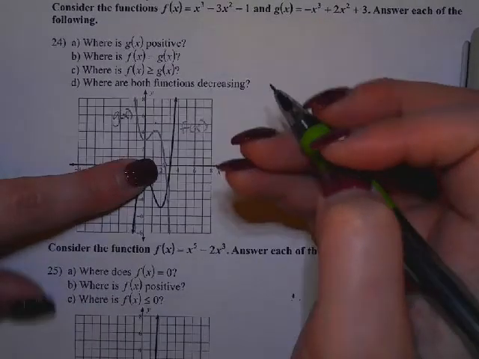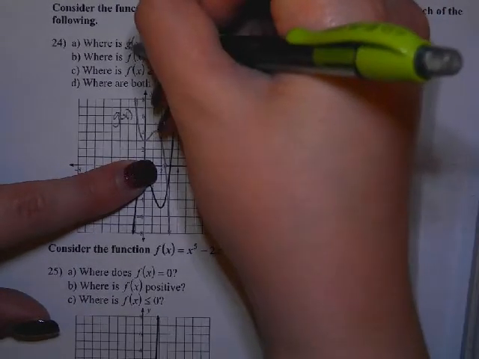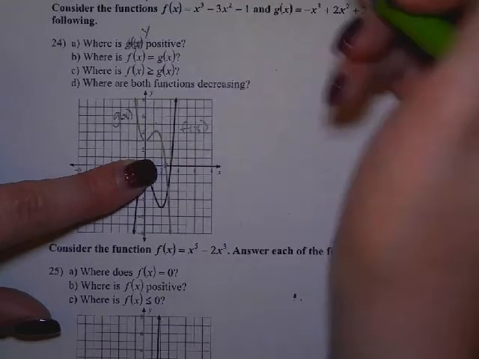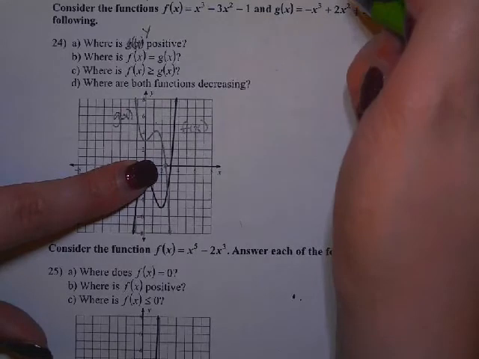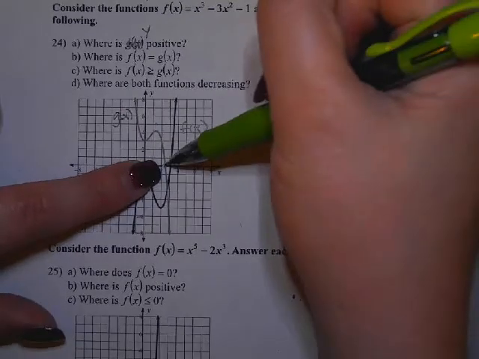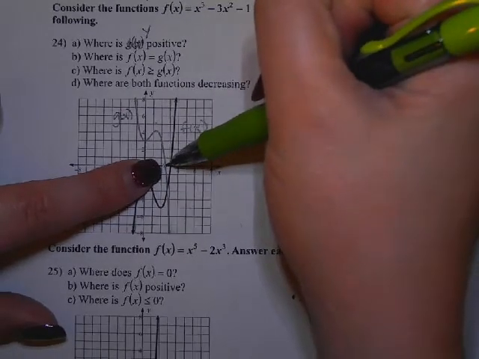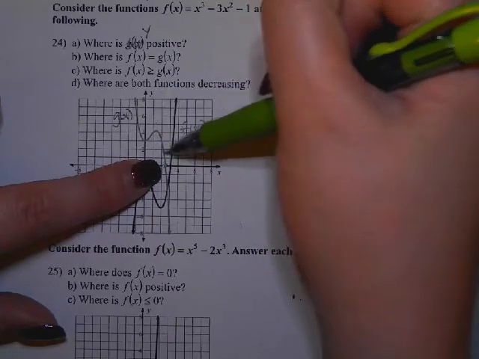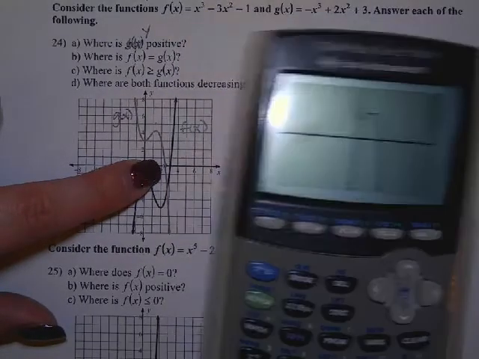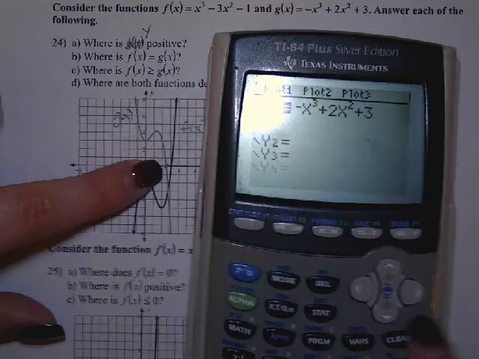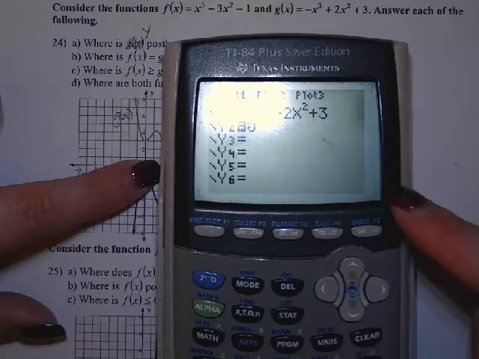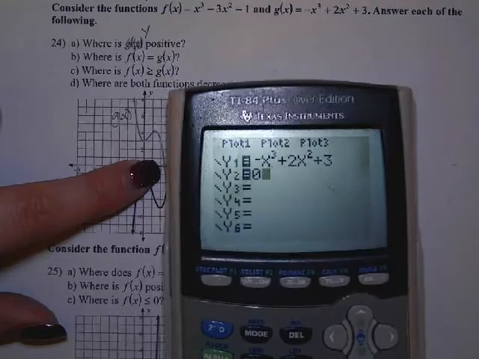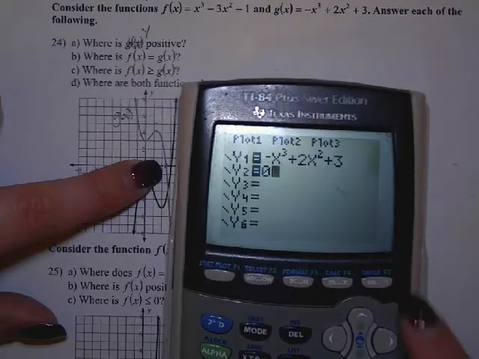So when they say where is g of x positive, they're really asking where is the y-coordinate positive, or where is the y-coordinate above the x-axis. So we're going to look for where the y-coordinate is 0 exactly, and then we know everything above that is where the y-coordinate is positive. So I'll go ahead and graph for y2, I'll plug in 0, so I can do the intersection option for graphing this and finding the x-intercept.